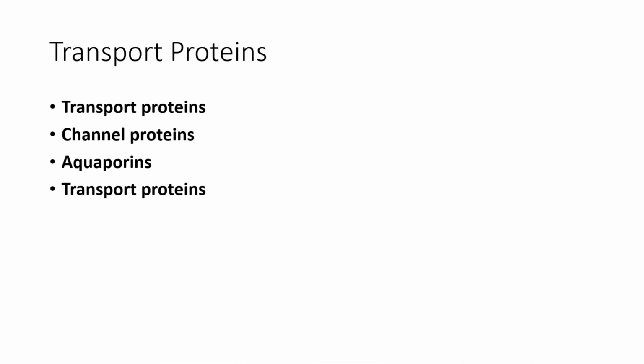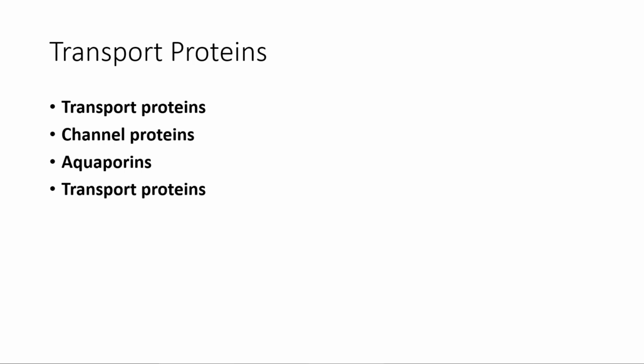Some of these transport proteins are called channel proteins. These channel proteins have a hydrophilic channel, so this channel will allow the passage of hydrophilic molecules or ions.